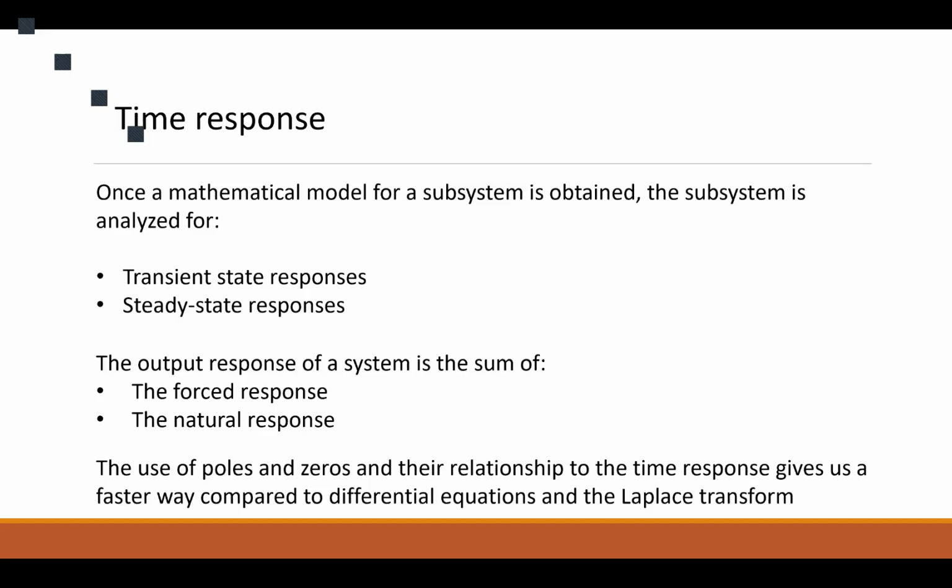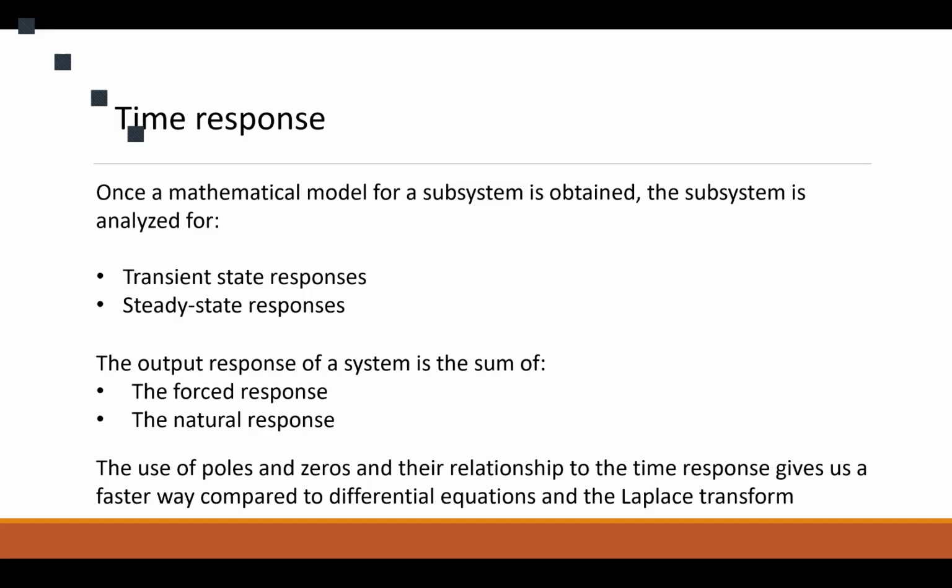One, we call it natural response, which is caused by the dynamic or characteristics of the system on its own. And another one is forced response, which is the result of applying an external input into our system.